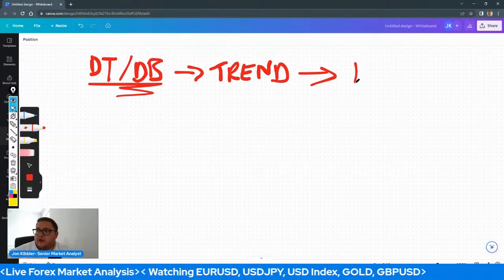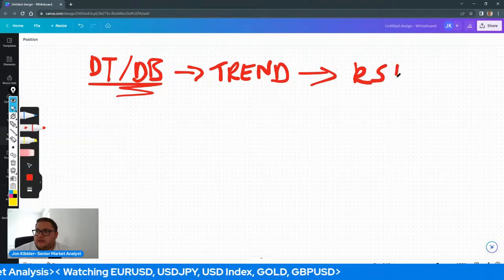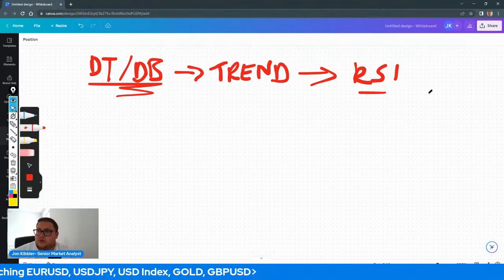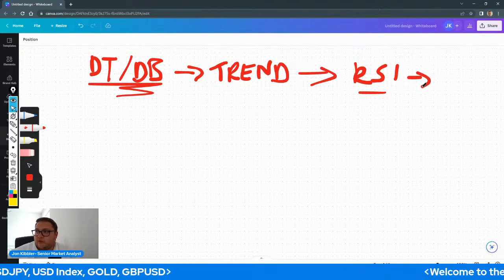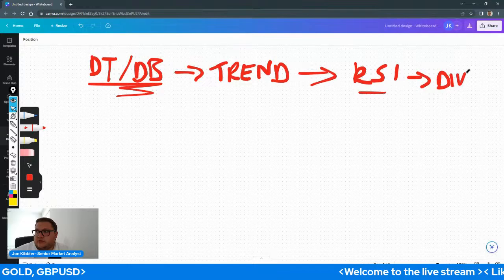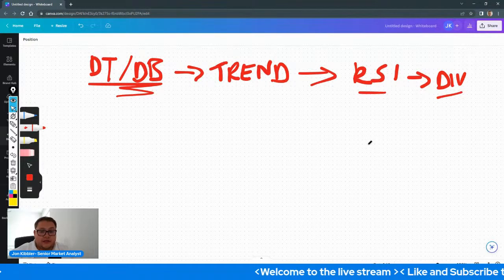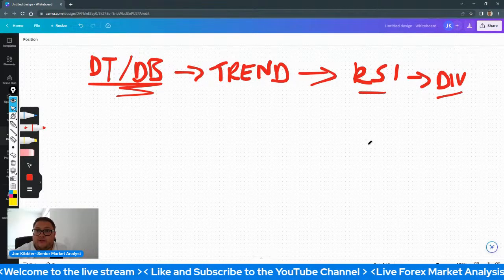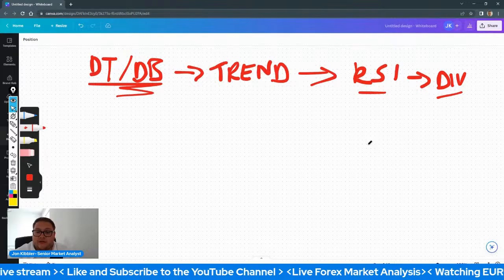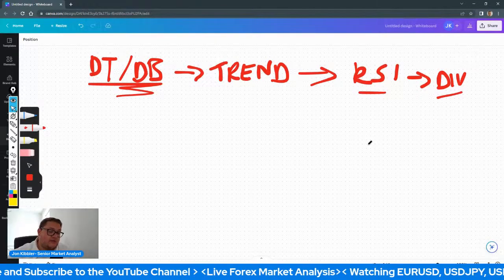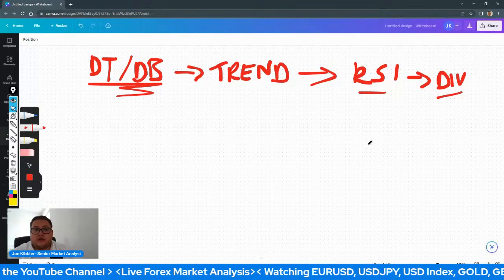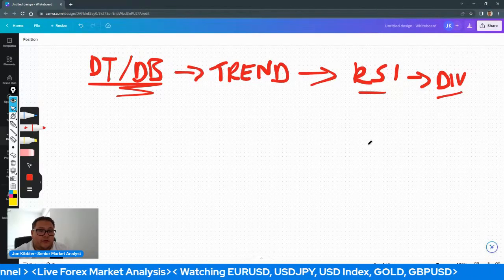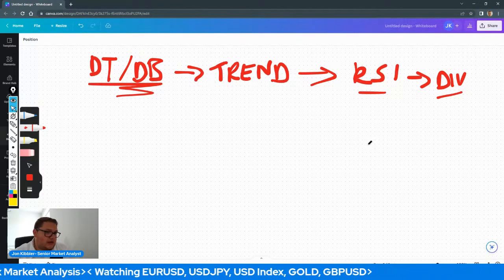But ultimately, I'm going to combine this with an RSI indicator as well, because what we're ultimately going to be looking for is divergence. I think divergence is also a very powerful way of trading, whether that's using these type of indicators, or whether you're trading the futures market, where you could be looking at cumulative delta, volume, divergence, things like that.